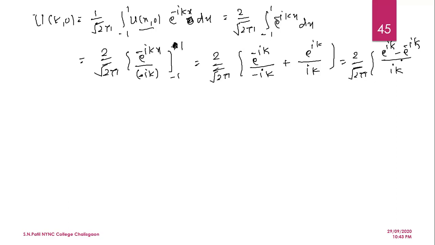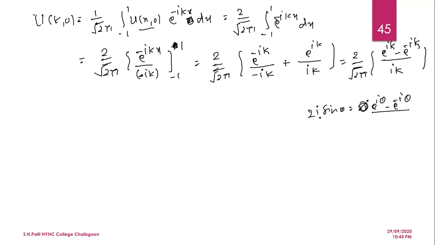We know the Euler formula: sin theta is equal to e raised to i theta minus e raised to minus i theta divided by 2i, so e raised to i theta minus e raised to minus i theta is equal to 2i sin theta.